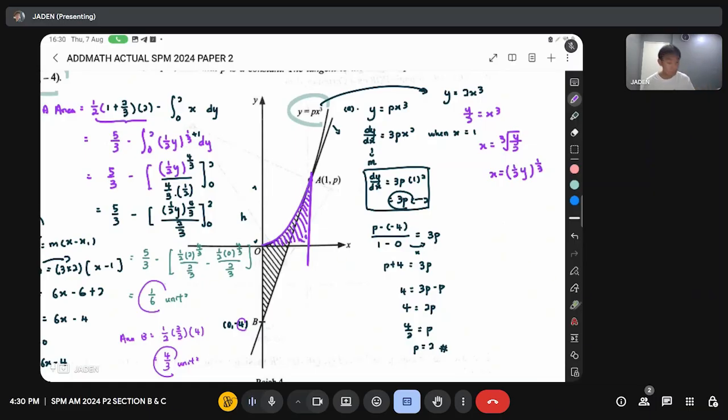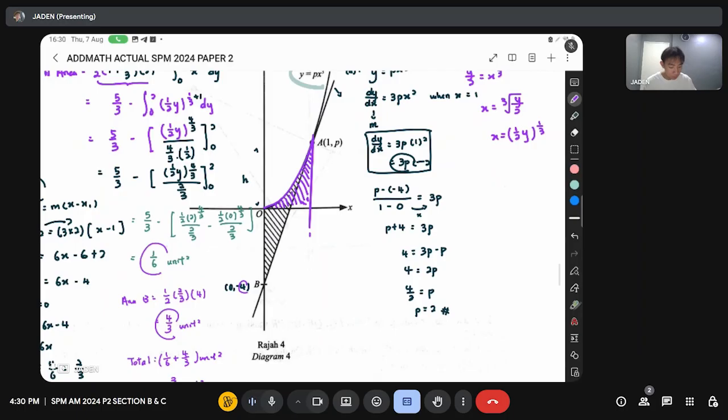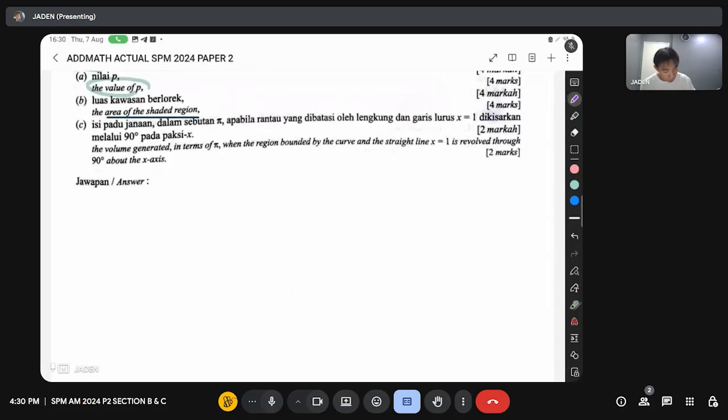And how would you calculate the volume? All right, how would you calculate the volume? So to calculate this volume, I'm gonna write it down here, C. Okay, if you notice, for volume, our formula always starts with pi integral, and the region starting from 0 to 1, and don't forget this is rotate about x-axis, so this is going to be y squared dx. dx will decide in which direction they rotate.